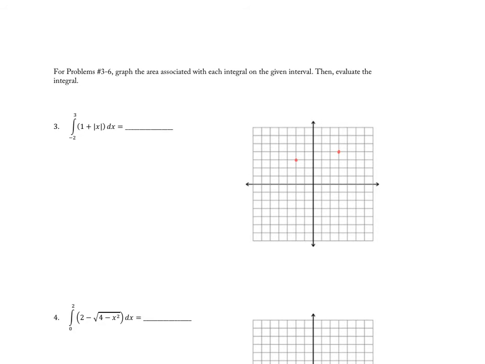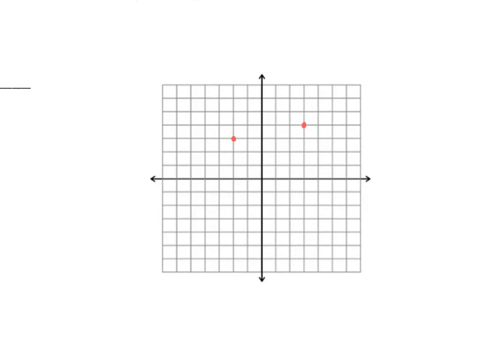And then this is absolute value of x shifted up 1. So now the vertex is, instead of being at the origin, just 1 up. And then the graph looks like this on that interval. All right, so now we're always trying to find the area between the graph and the x-axis.